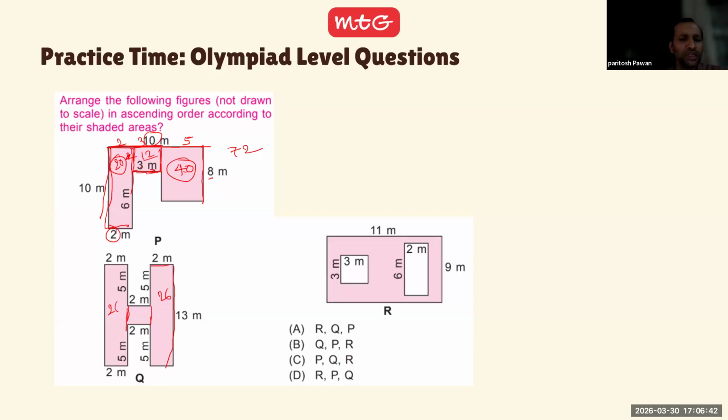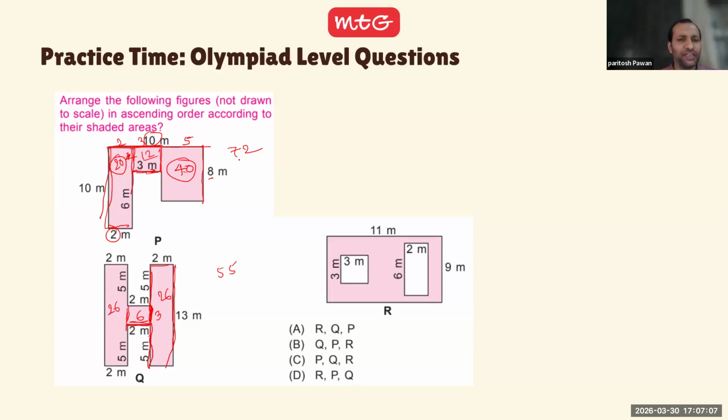This also is same 26 and this breadth is 2. Here total is 5, here also 5, 5 plus 5, 10 and this is 13. So this between is 3. So this is 2 into 3, so it is 6. So this is 52 plus 3, so that is 55.